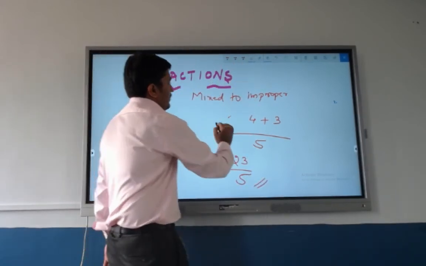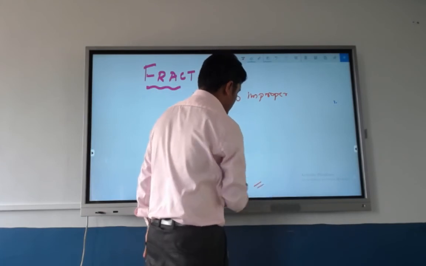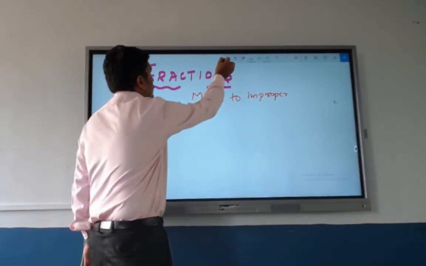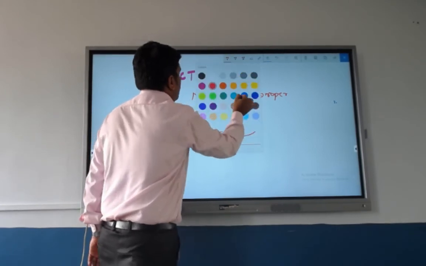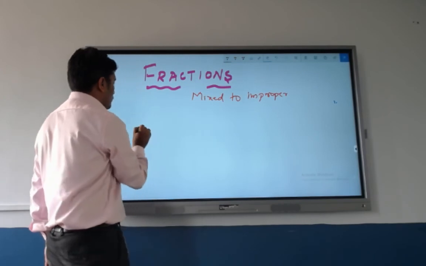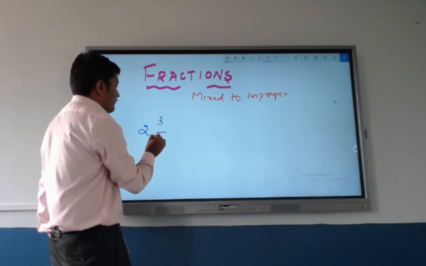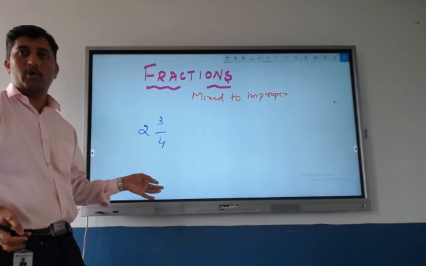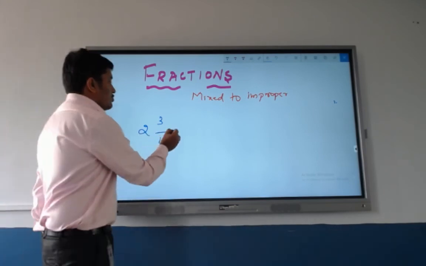One more example, mixed to improper fraction. Take one example here now: 2 3 upon 4. This is a mixed fraction. Now we are converting this into an improper fraction. So what to do?